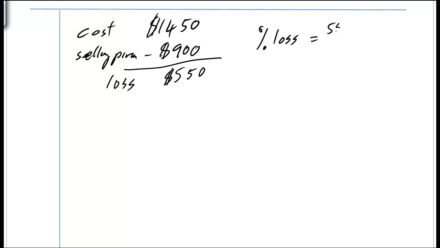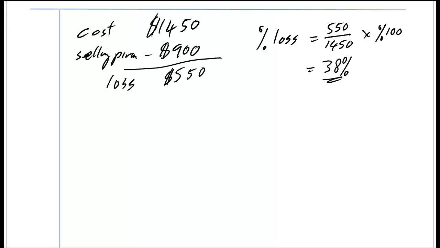So we just go 550 is how much we lost out of 1450, and we multiply it by 100% to get it as a percentage. And if you work that out, you get 38%. So we lost 38% of the original cost of the wedding dress.